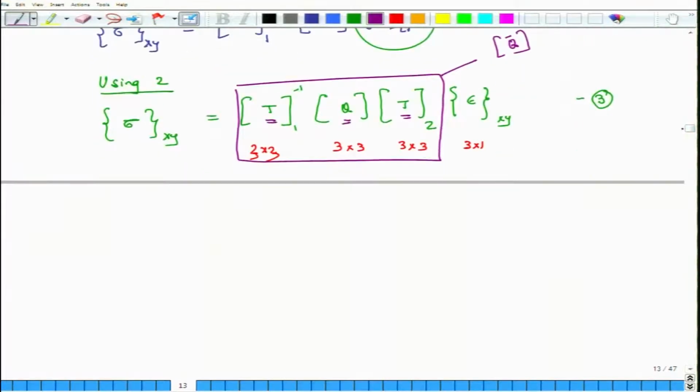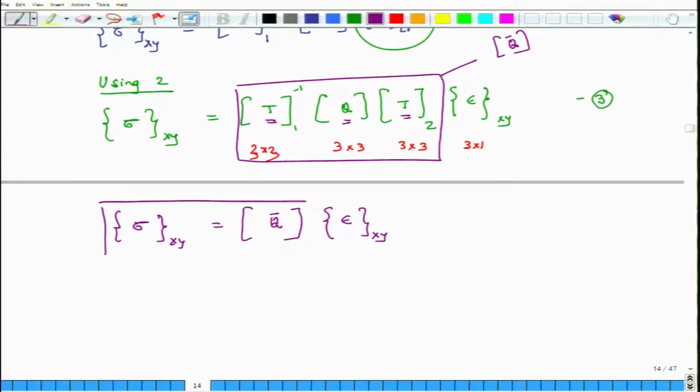So I can say that sigma in the xy coordinate system is nothing but a Q bar matrix times strain as measured in xy system. Okay.